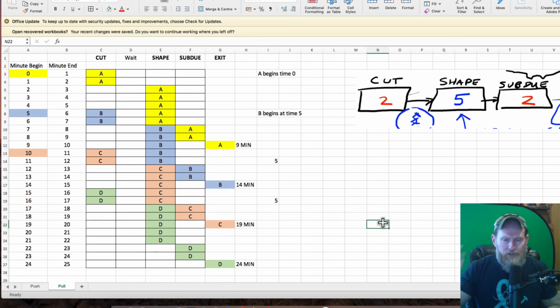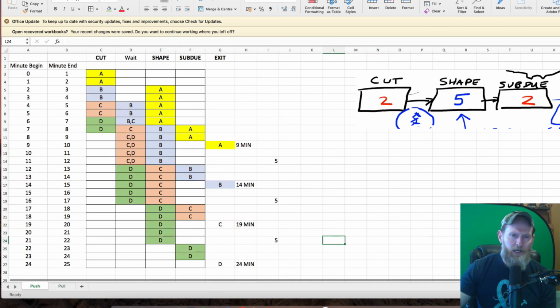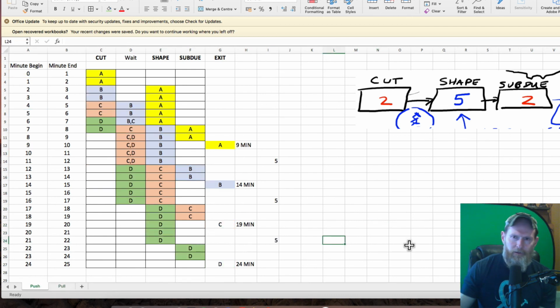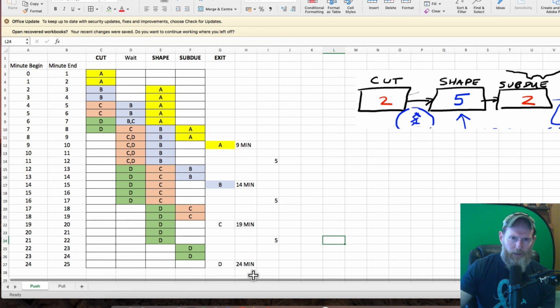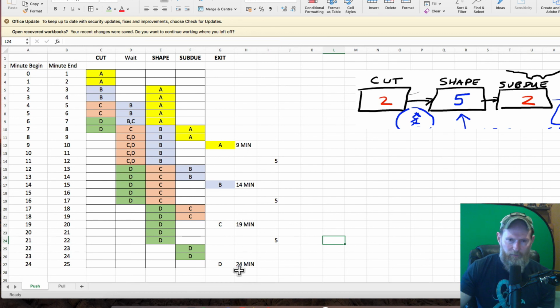All right. So there you have it. Just a demonstration of a couple things. One, when we push items into the system and we have a system with a bottleneck, how the bottleneck regulates the capacity of the system.